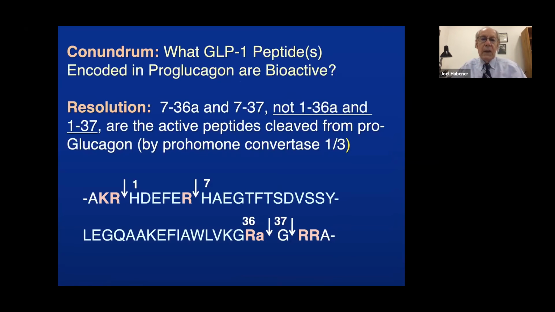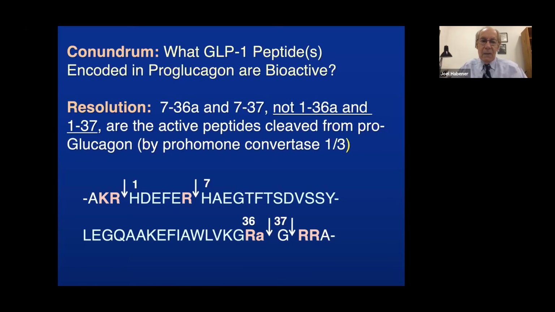So the answer to the conundrum of what peptides are active was resolved in that the 7 to 36 and 7 to 37 are active, but not the 1 to 36 and 1 to 37.